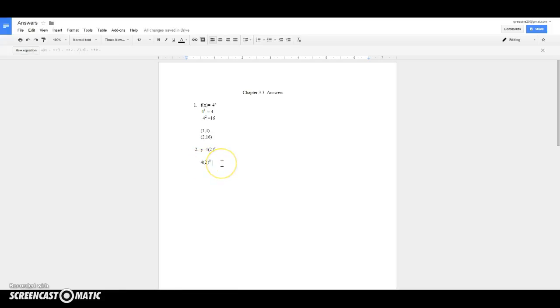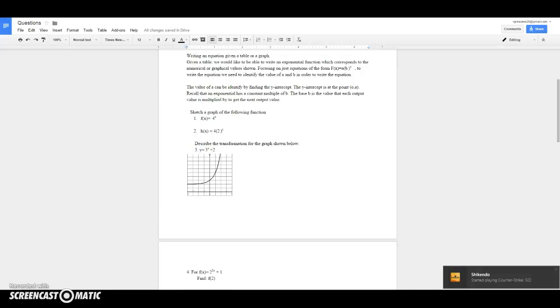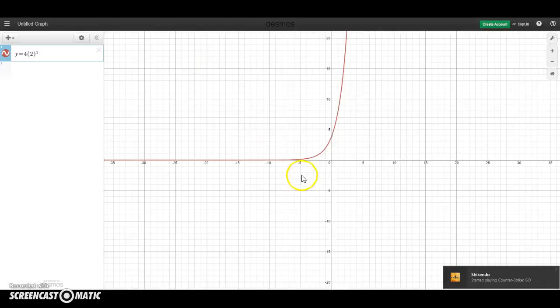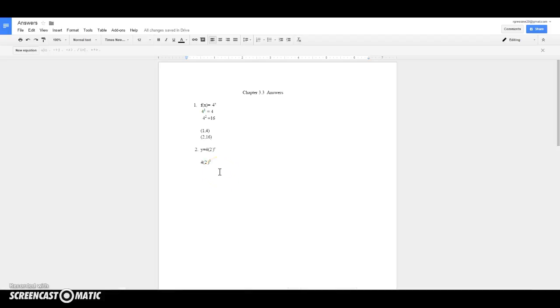So 2 to the exponent of 0 is 1. 1 times 4 is 4. So we will have (0, 4). Let me check if I'm right. Okay, (0, 4). So yes, this is equal to 4.